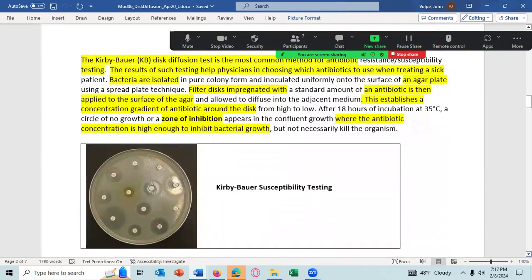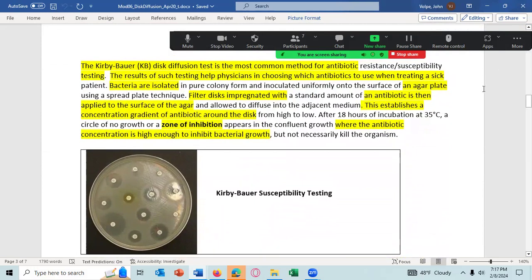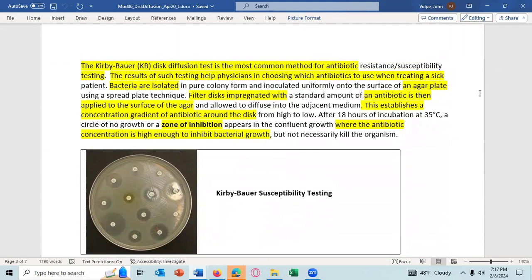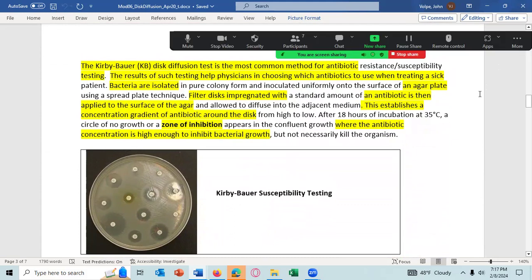All right. The disk diffusion method, also called the Kirby-Bauer disk diffusion method, is the most common method used for testing antibiotic sensitivity. It often helps physicians choose an antibiotic that may be used to treat a sick patient.